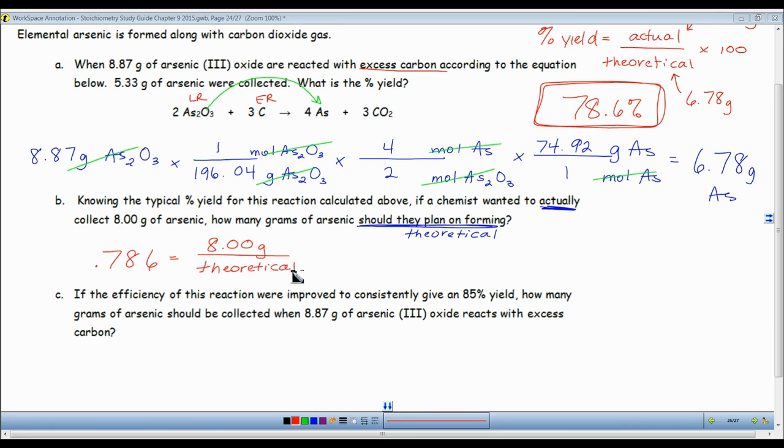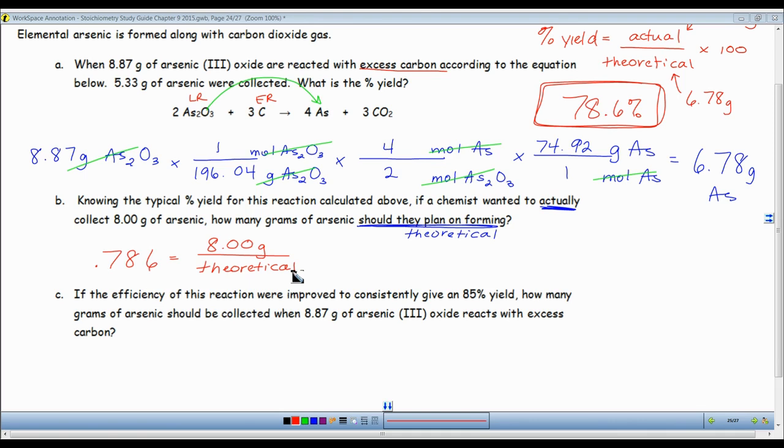That's the theoretical. Okay, so be careful when you do this calculation. It's kind of like an equality in a way, like a proportion. You could think of this as 0.786 over 1 equals 8 over x, the theoretical.